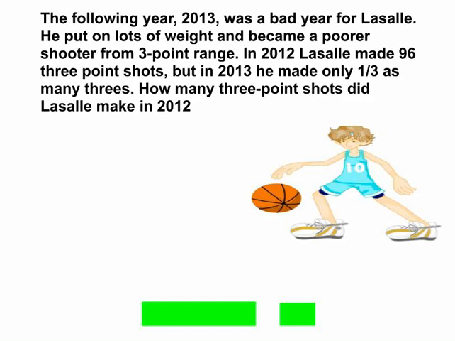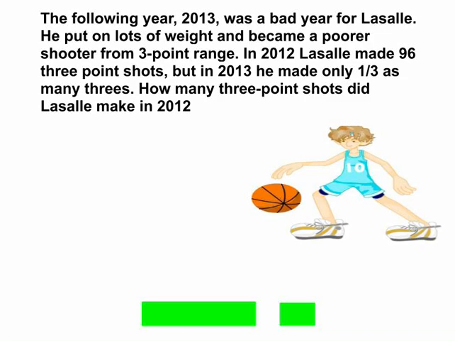Uh-oh. The following year, 2013, was a bad year for Lasalle. He put on lots of weight, as you can see in the picture, and he became a poor shooter from three-point range. In 2012, Lasalle made 96 three-point shots. But in 2013, he made only 1/3 as many threes.